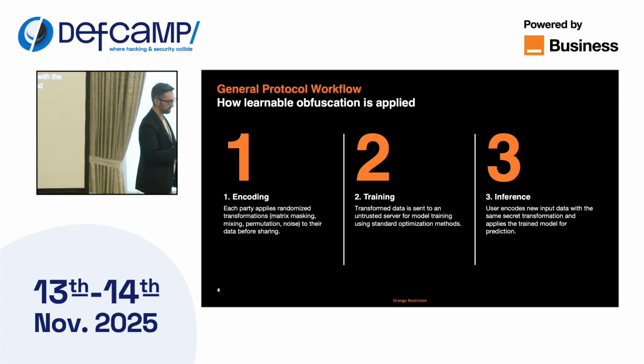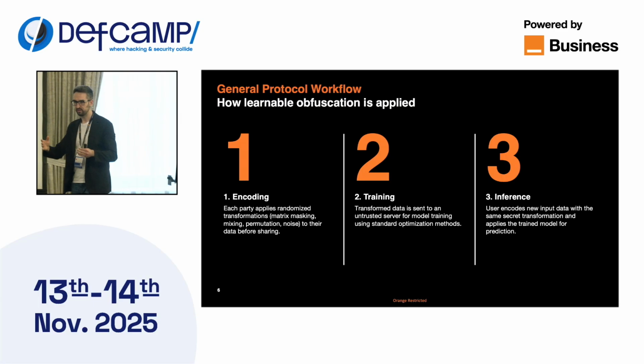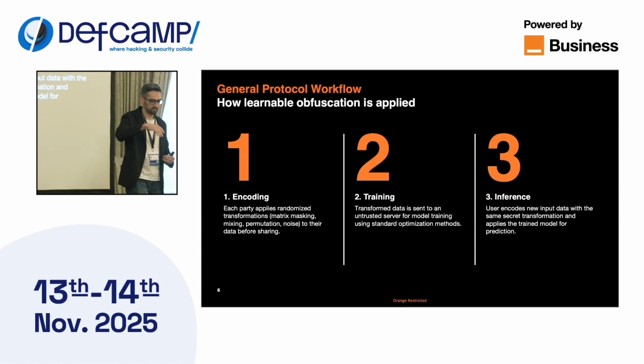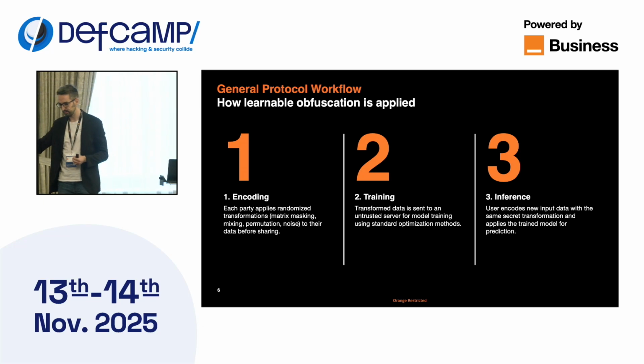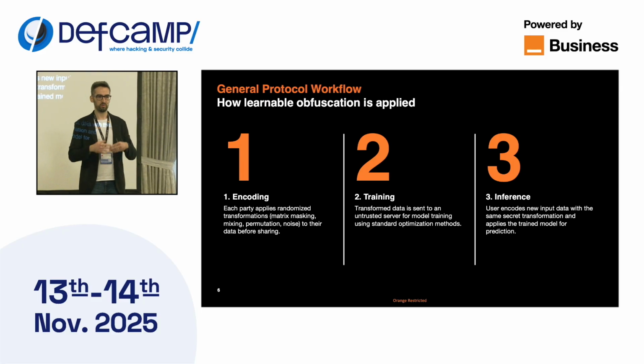Then we come with the machine learning algorithm, and we put that algorithm to learn from the transformed data set. And after the machine learning model learns from that transformed data set, we can both use the trained model on our data.